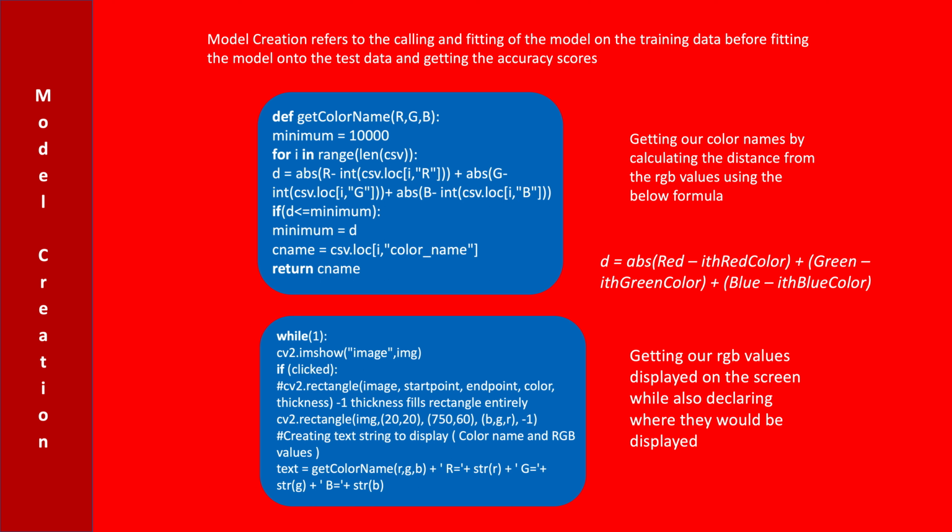So simply we are going to take red and subtract it from the ith red color, which is simply the red color we got, plus green. So we will add these numbers up and, using those, we will use our CSV, which has the RGB values and the corresponding color name. So all it's going to do is get the RGB values subtracted and then get the color names itself from the CSV file that we provided.